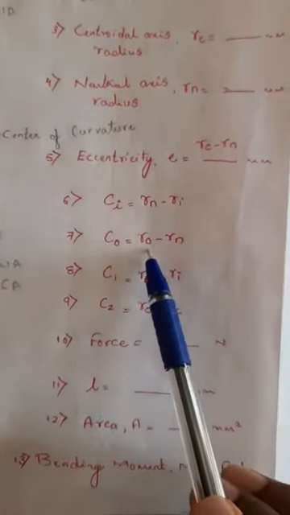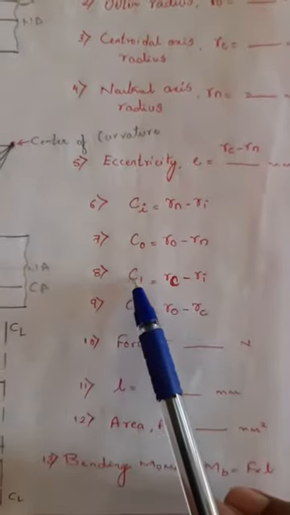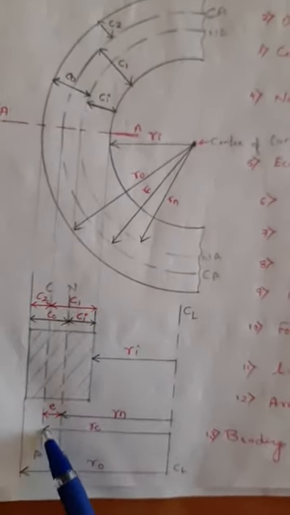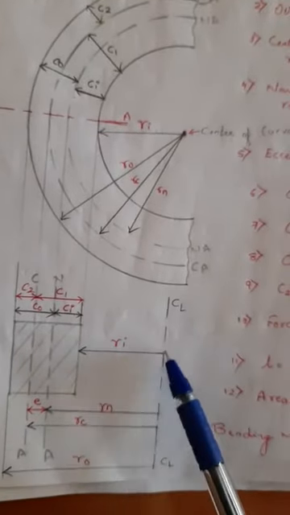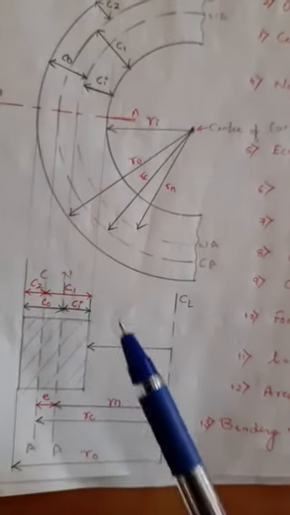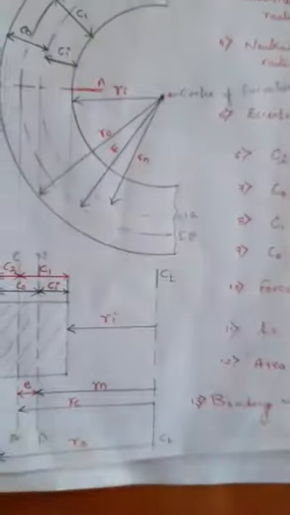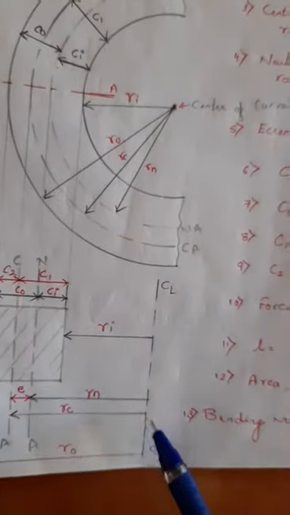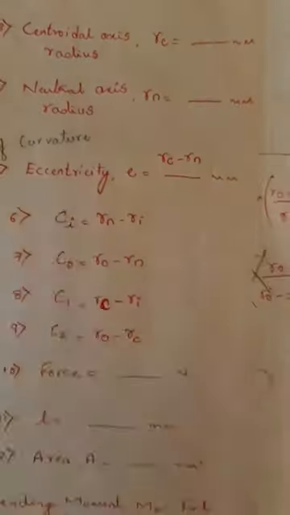C1 is the distance RC minus Ri, so we get the C1 distance. C2 is Ro minus RC, so we get C2.